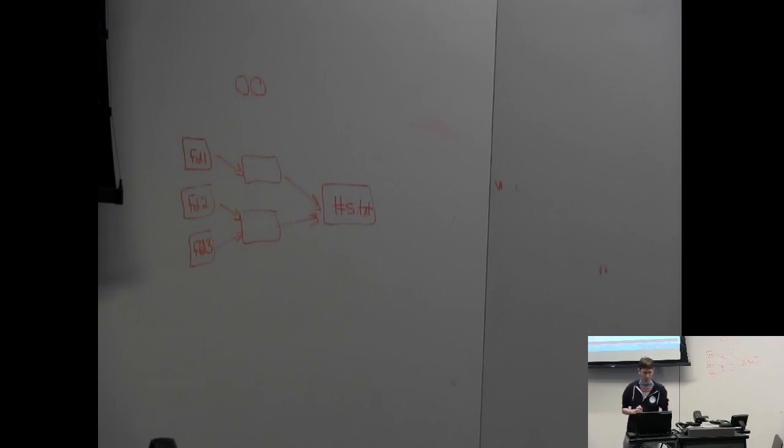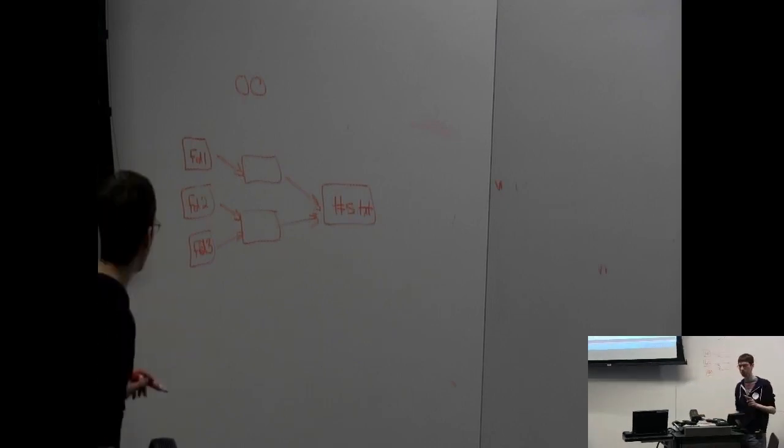Okay. So let's see what the child does. So the child does a read and print 1 from file 3. Actually, maybe we should draw the diagram for what the child looks like now, shouldn't we?